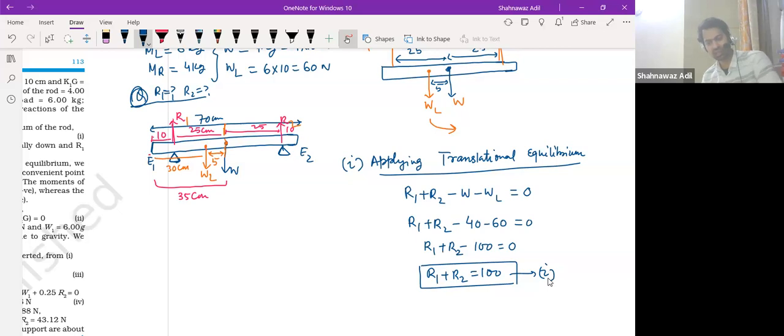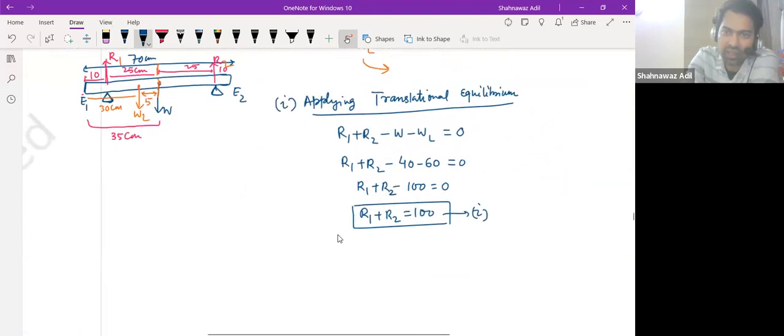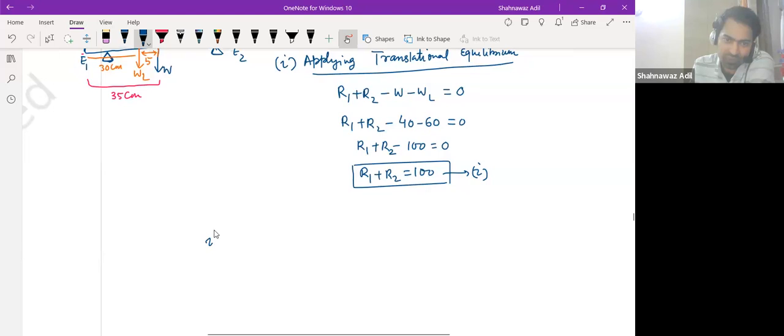And where will we get the other equation, guys? From applying rotational equilibrium. Yes, absolutely right. So we have to apply the rotational equilibrium. Again, let us draw the diagram here so that we can easily write it. One reaction is this way, and this is the point of rotation that we are taking, right?